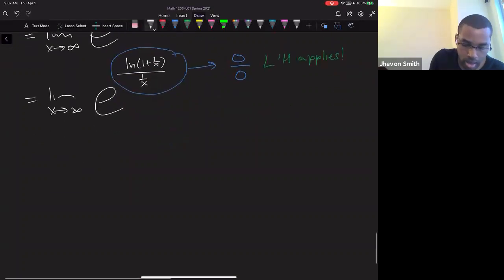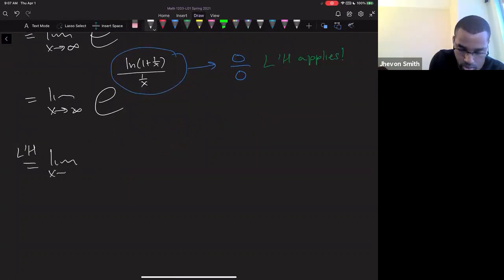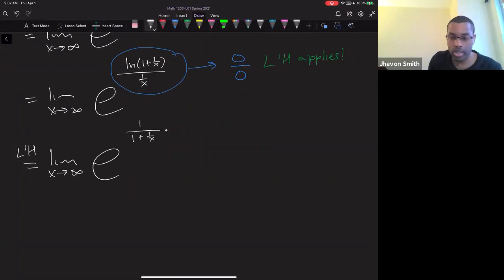This means I can take it to the hospital and differentiate the top, which is 1 over 1 plus 1 over x, times the derivative of 1 plus 1 over x, which we know is minus 1 over x squared, divided by the derivative of the bottom, which we know is minus 1 over x squared.